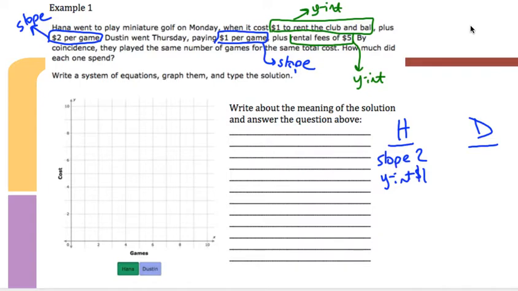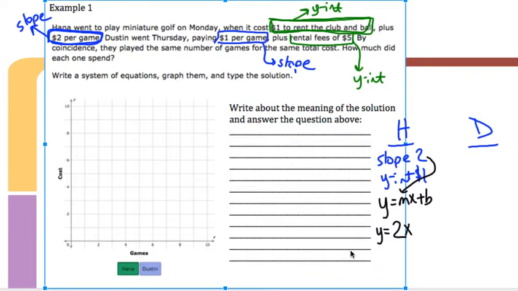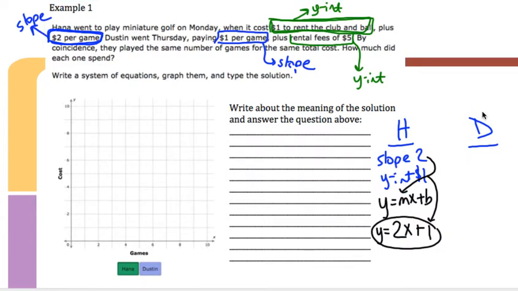I'm getting this information from right here, slope $2 per game, and my fixed cost $1 to rent the club and ball. So 2 and 1, so if I write my equation, I know it's y equals mx plus b, so I'm just going to replace the m with 2, because that's the slope, x plus 1. So one of the equations is going to be y equals 2x plus 1.